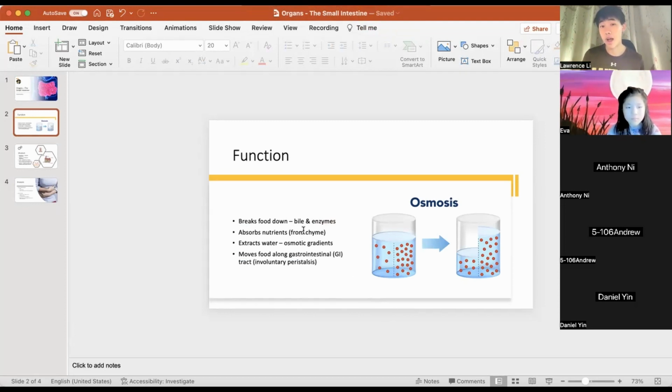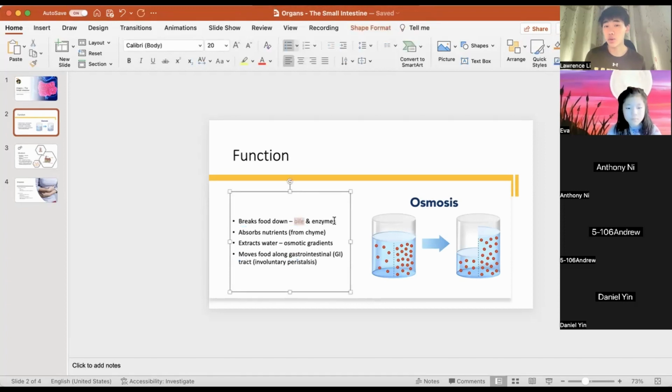And like I mentioned, bile comes from the gallbladder, but do you know where enzymes come from? This is really interesting. You guys might not know where these enzymes come from. The spleen. Good guess, but no. Stomach.